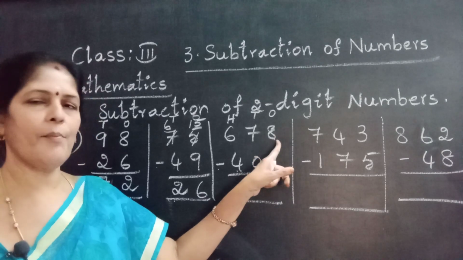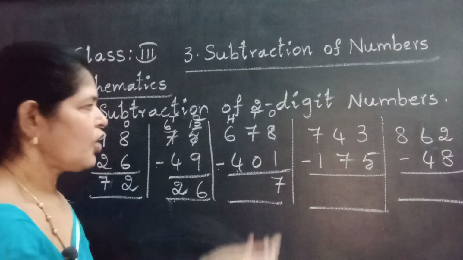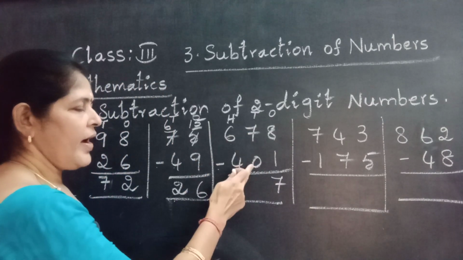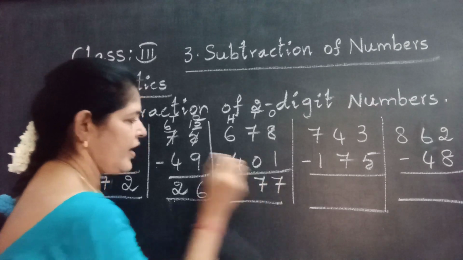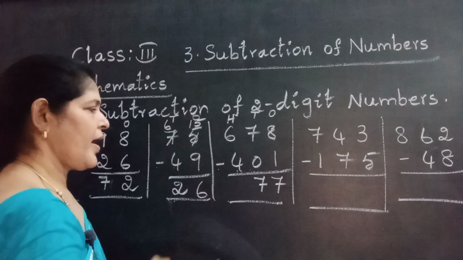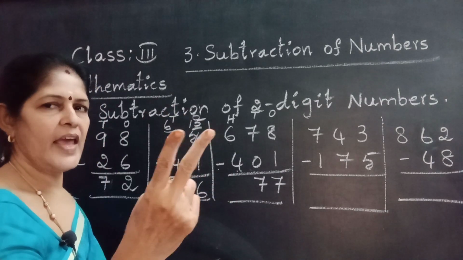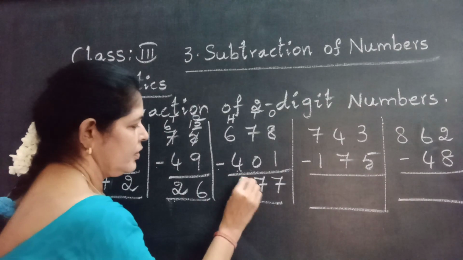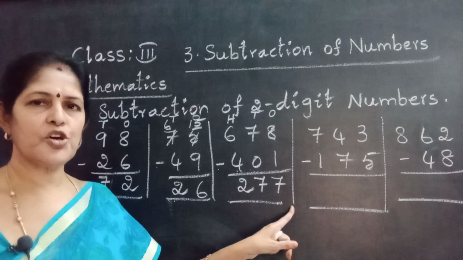Yes, the number before 8. 8, before it 7. Now come to tens. Number minus 0. 7 minus 0 is 7. Very good. Now come to hundreds. 6 minus 4. It is possible. Close fingers. 4, after it 5, 6. 2. The difference is 277.